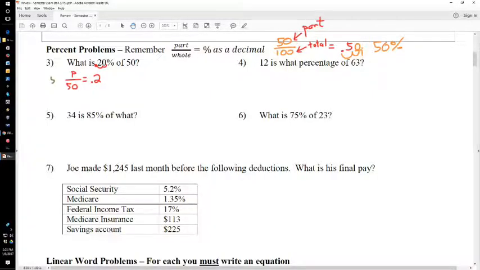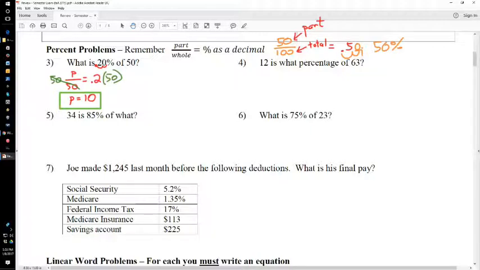Multiply by 50, multiply by 50. You'll find out that 0.2 times 50 equals 10. So the part equals 10. One way to think about this is 10 is 20% of 50.